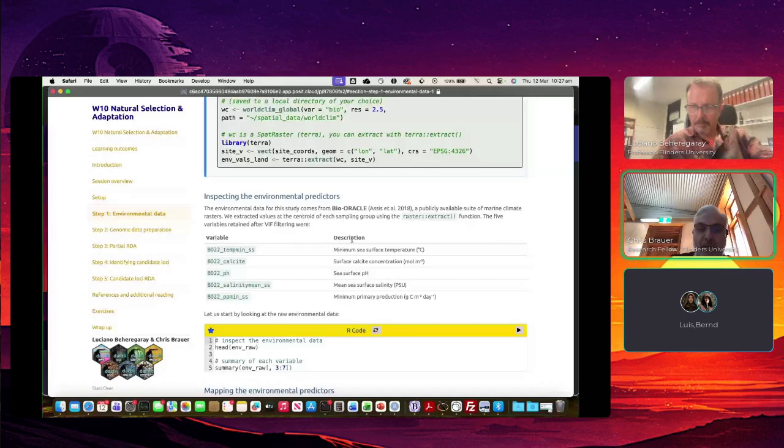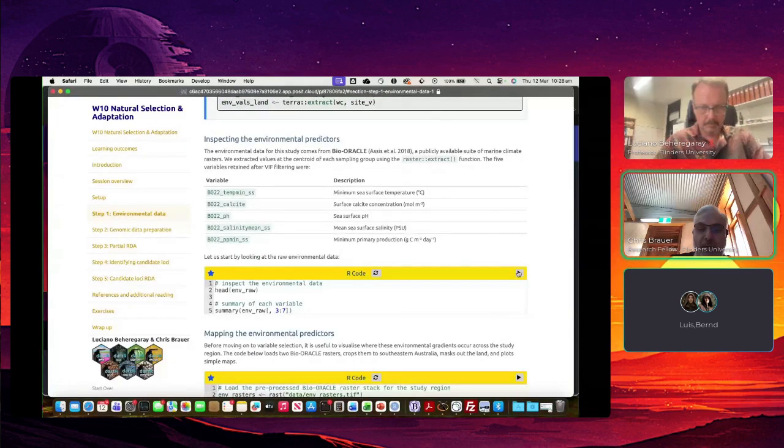If there's no variation among your particular samples, then there's nothing to correlate. You're not going to find a signal. So the first thing you need to find is which variables actually have a signal across your study system.